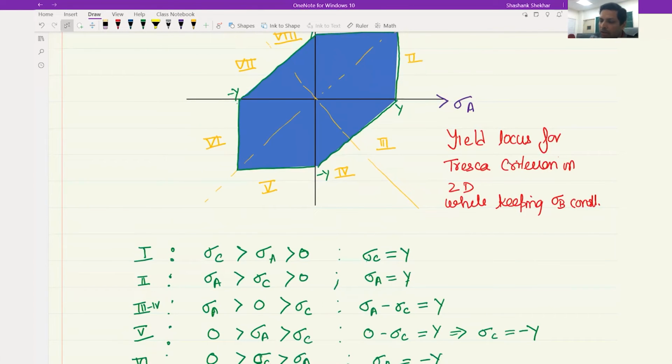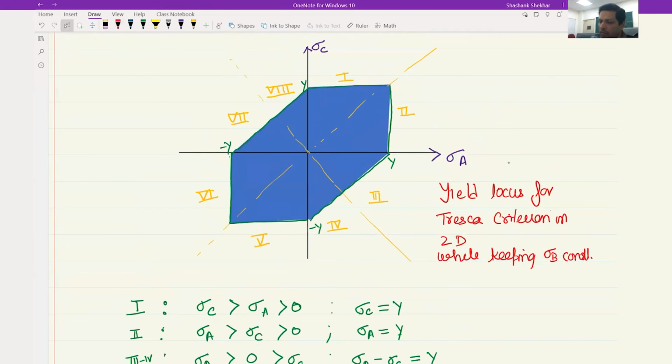And remember that sigma A, B, C also represent the principal stresses. We have not used 1, 2, 3 because at least to begin with, we don't know which one is greater. Okay, so any of them can become greater and therefore we cannot switch the names in between. So what we have done is renamed it as A, B and C.